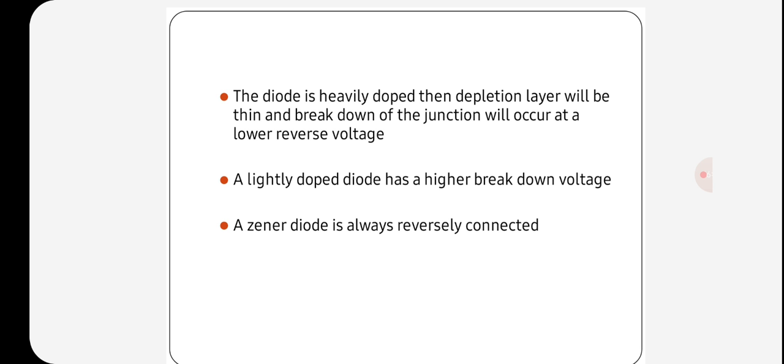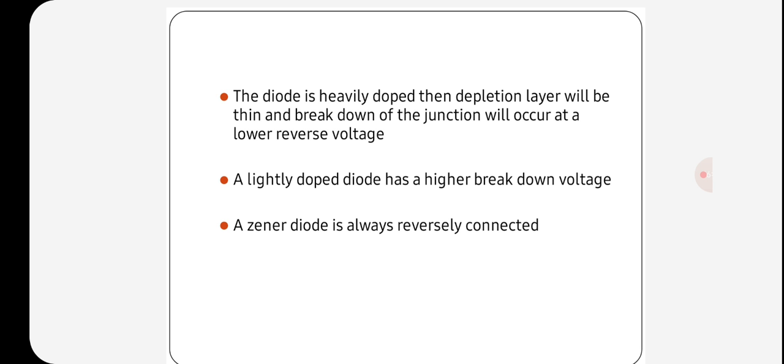In load regulation, input voltage is fixed and the load resistance is varying. Output voltage remains same as long as load resistance is maintained above a minimum value.